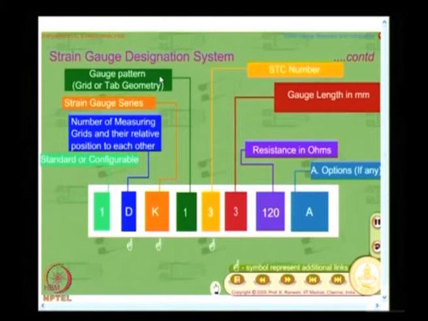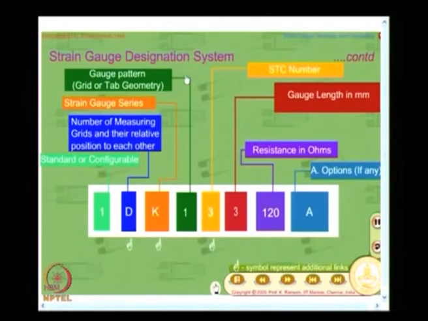The designation system also gives you STC number, and mind you, the classification of STC number by this manufacturer is different. So, it is manufacturer dependent. Then by looking at the designation, you can also look at the gauge length, and he gives you in SI units. This gauge length is given in millimeters, and in both the designation systems you have a resistance in ohms.